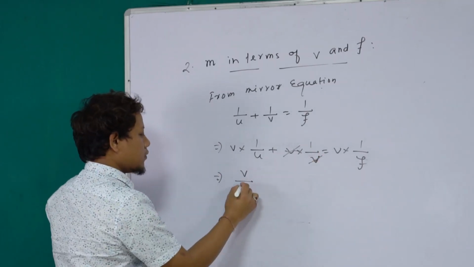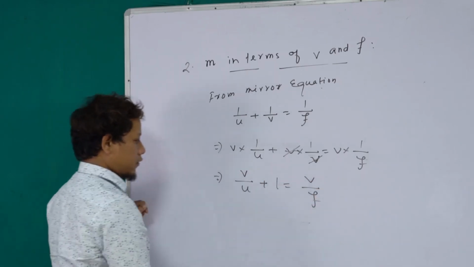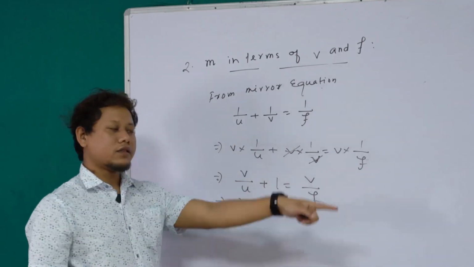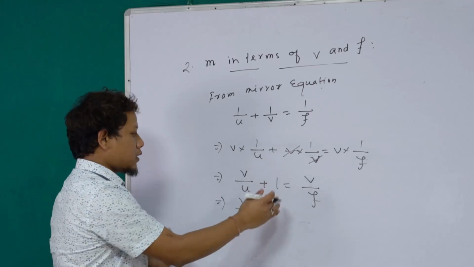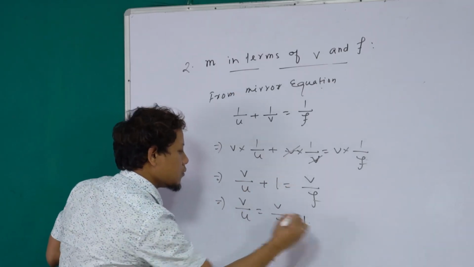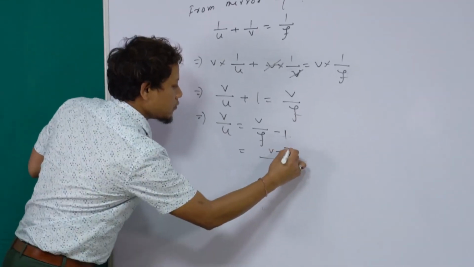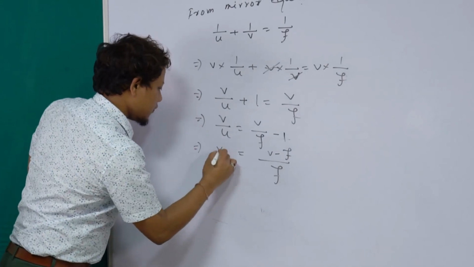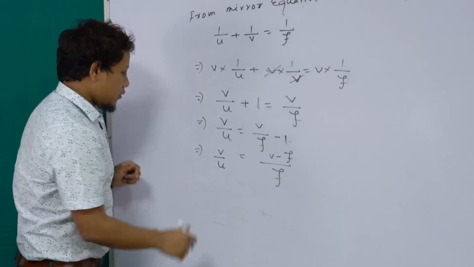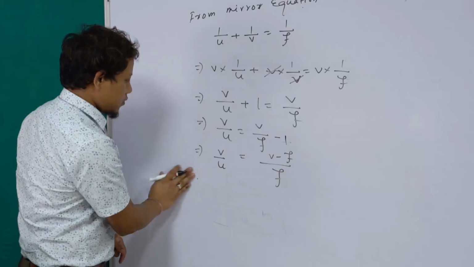Here you can write v/u + 1 = v/f. I'll transfer this 1 to the other side, so it becomes minus 1. So let's take LCM: v/u = (v - f)/f. But the expression is -v/u, so we can multiply on both sides by minus. So here I'll write.